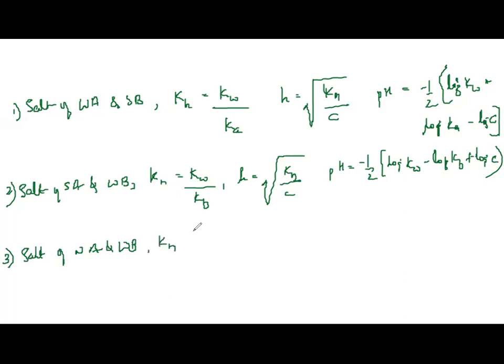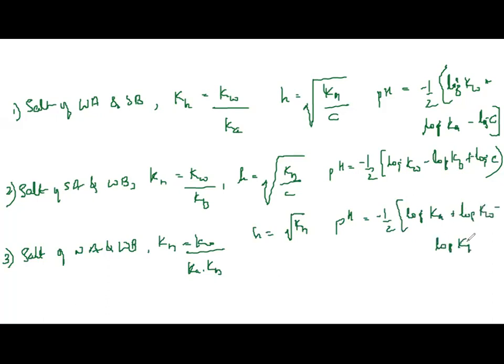Kh is Kw upon Ka into Kb. The degree of hydrolysis is root of Kh. pH is equal to minus half log of Ka plus log of Kw minus log of Kb.